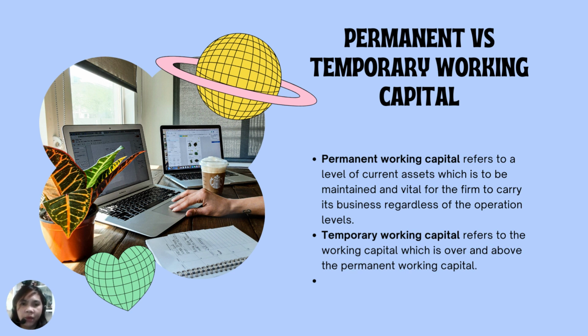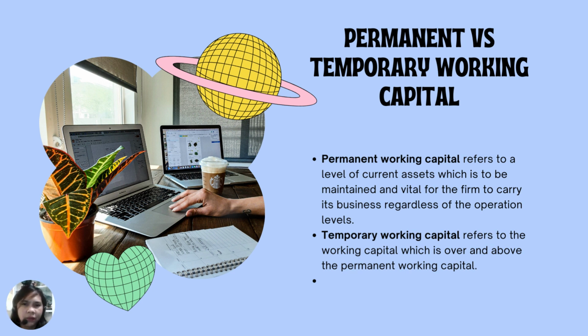Okay, when we say temporary working capital, it refers to the working capital which is over and above the permanent working capital. So, from the name itself, temporary, so, maaaring magra-run yan for yung ating business ng 1 year, okay, or more than a year.